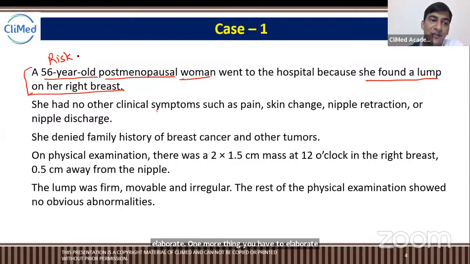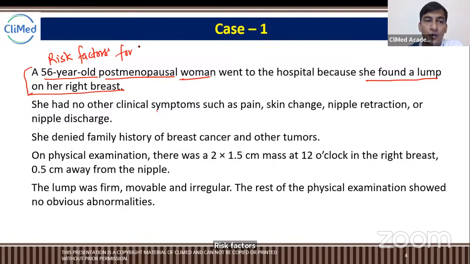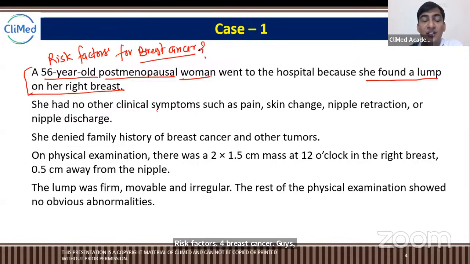Risk factors for breast cancer. Guys, the complete question is mentioned in the first line. Can you please tell me the risk factors for breast cancer mentioned in the first line?